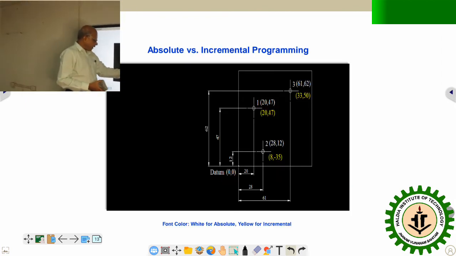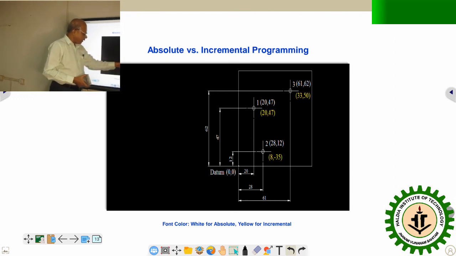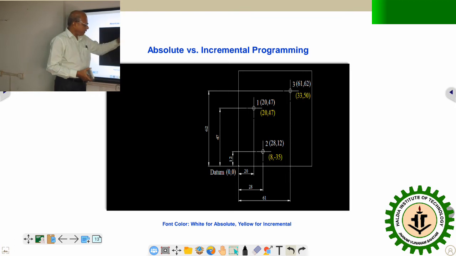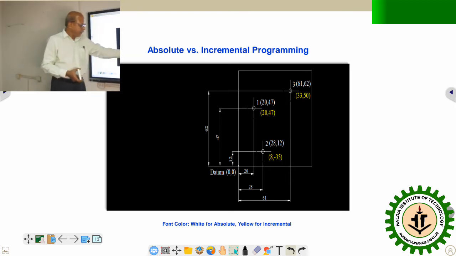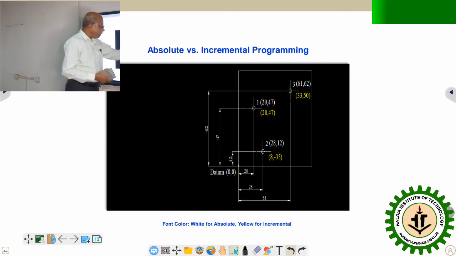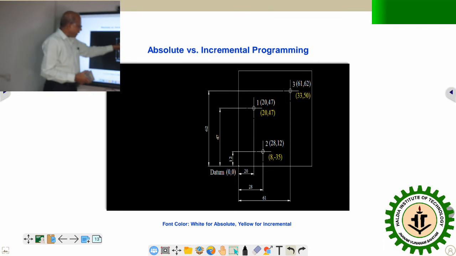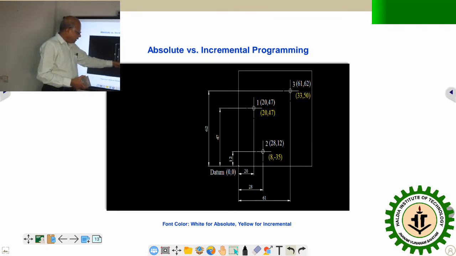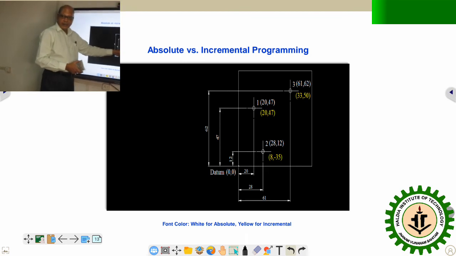Just for example, I have taken this one, with the origin, an AutoCAD drawing. I have considered point number 1, point 2, point 3. These white color dimensions are absolute and yellow color dimensions are incremental. It is clearly visible. Just consider the point. What is the x value of point number 1? 20. In this case, how much? 28.